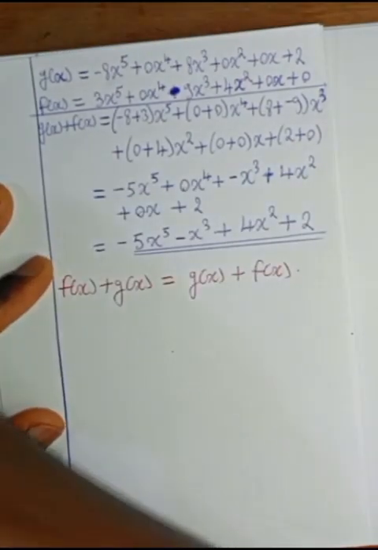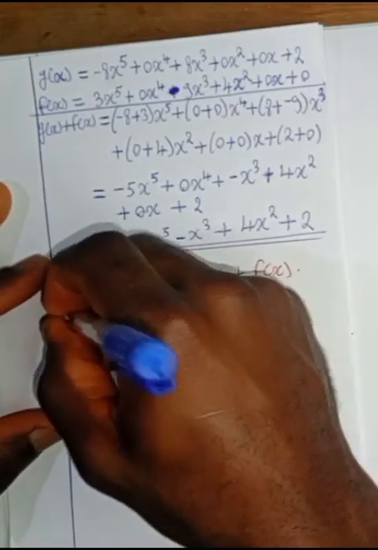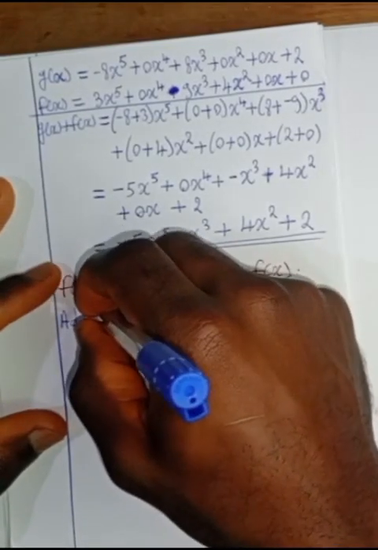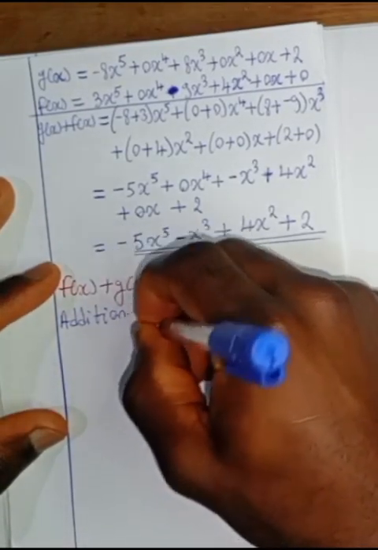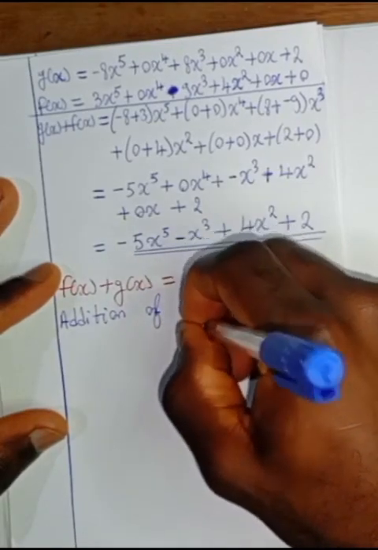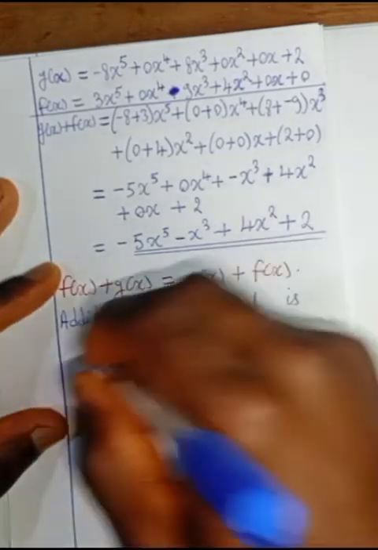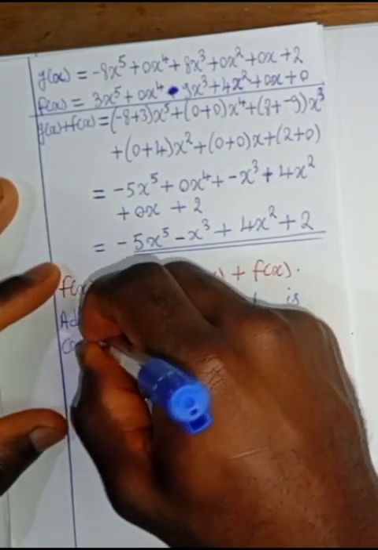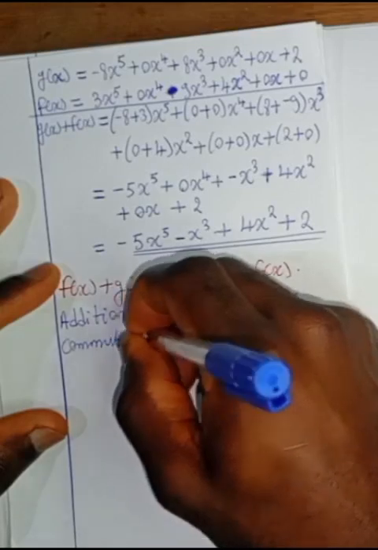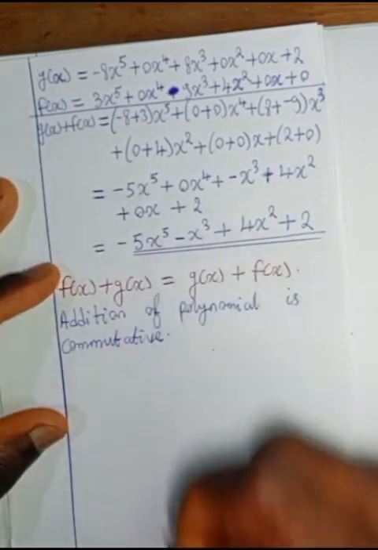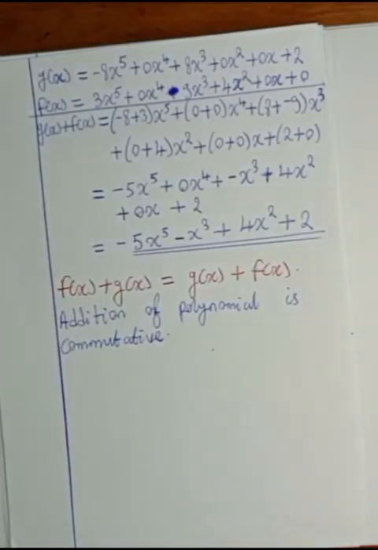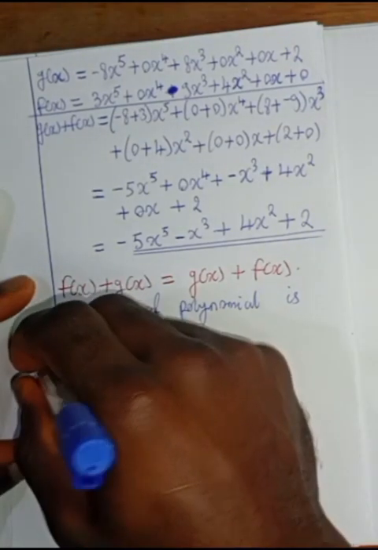And in this case, we see that addition of polynomials is commutative. So no matter which polynomial comes first, so long as you are carrying out addition, you will end up having the same result. We go to 2i, which is subtraction.